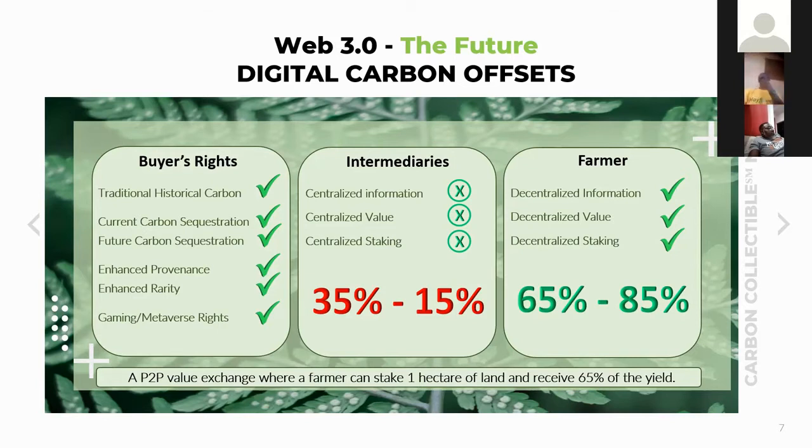In the future, our platform will be a marketplace where individual owners of forestry land will be able to stake their hectare of land into this marketplace for other people to buy rights. And so in this solution, the farmer can potentially get 65% to 85% of the value.